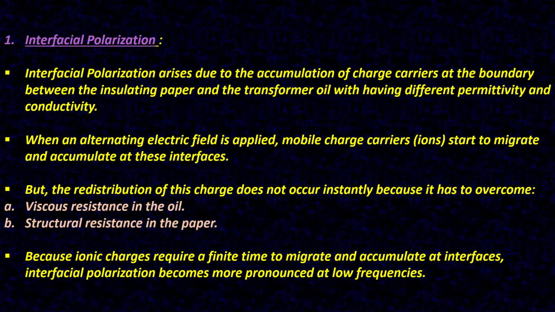When an alternating electric field is applied, mobile charge carriers, that is ions, start to migrate and accumulate at these interfaces. But the redistribution of this charge does not occur instantly because it has to overcome, number one, a viscous resistance in the oil, and number two, structural resistance in the paper.